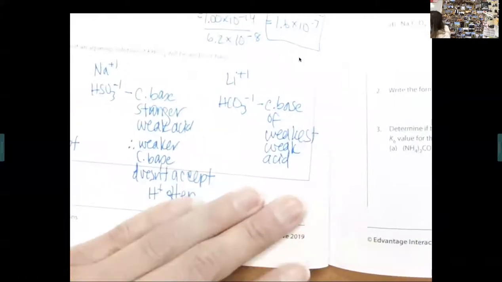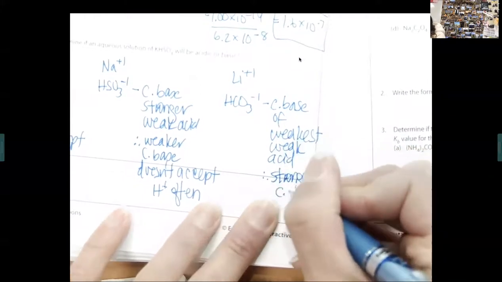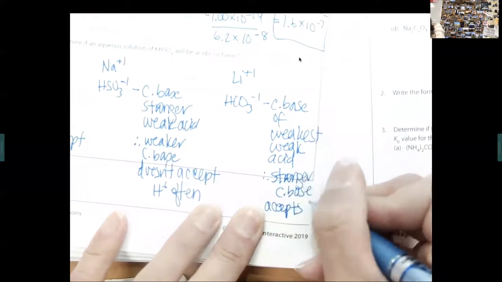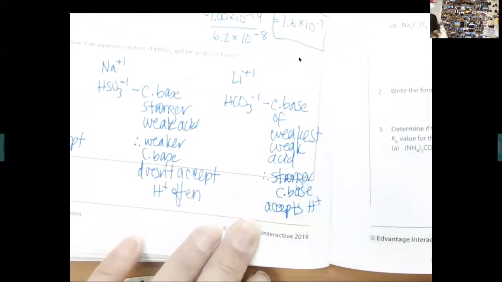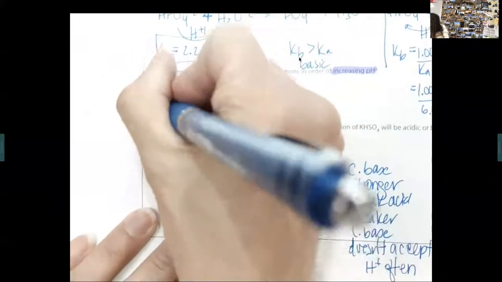Okay, so what that means is that this is a stronger conjugate base and it accepts hydrogens from water. Okay, so when we go to order this, you would want to order it as KHSO4, NaHSO3, and LiHCO3.